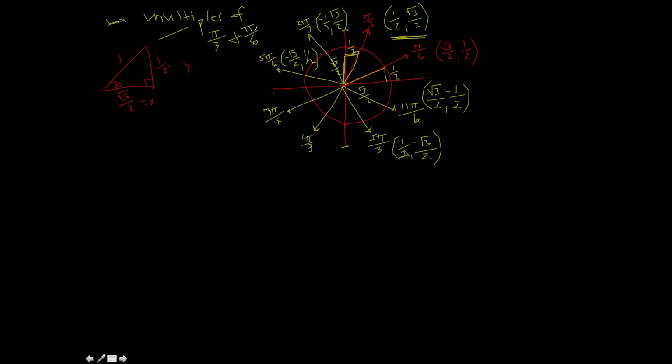So if you go in your book, what you'll find on page, and this is what you need to commit to memory, page 102 in your book, at the top of the page, you will find the complete unit circle. Quadrantals, pi over 4, pi over 3, pi over 6, all on the same circle.